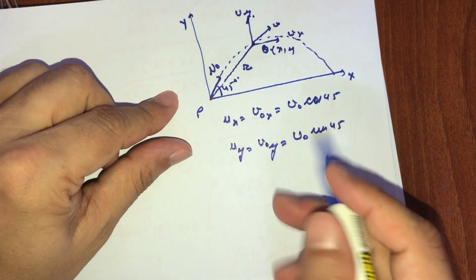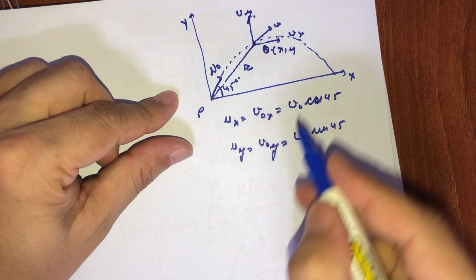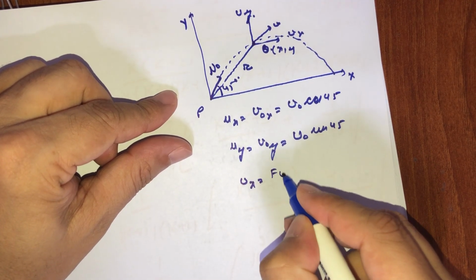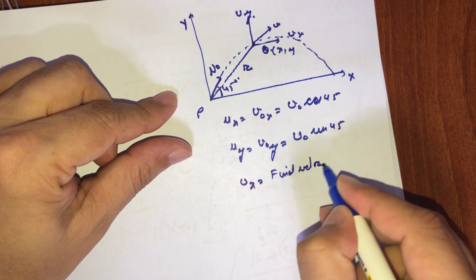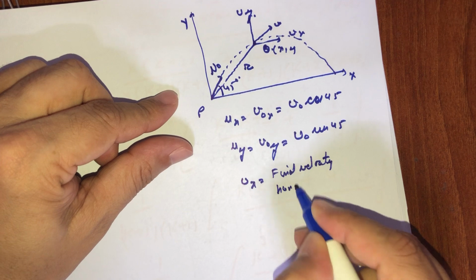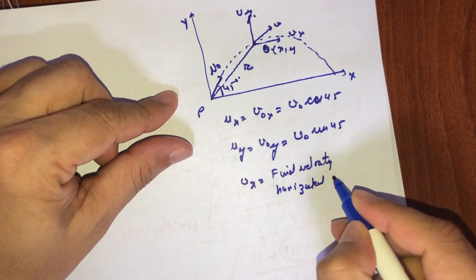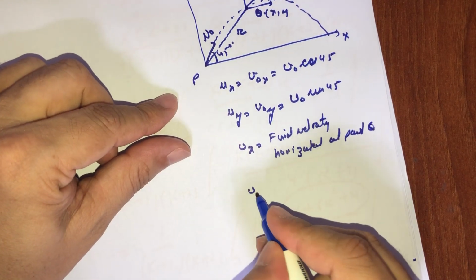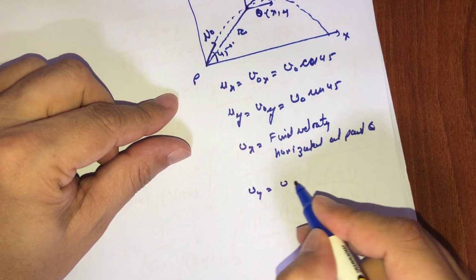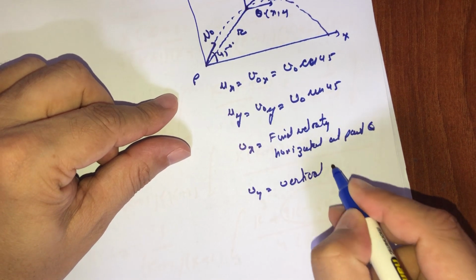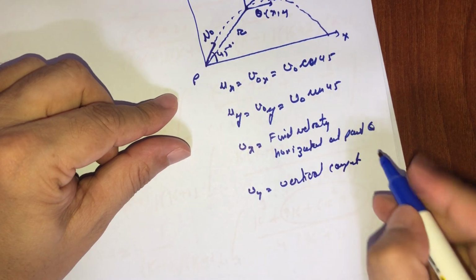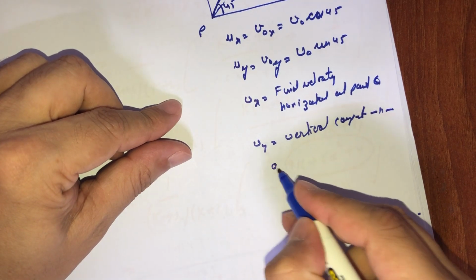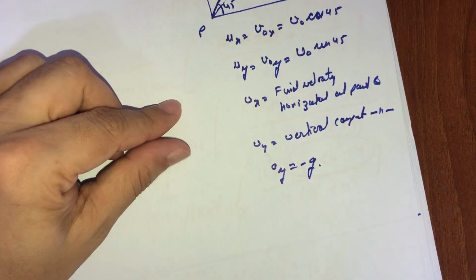Let us call Vx the final horizontal velocity component at point Q, and Vy the final vertical velocity component at point Q, and acceleration in vertical direction will be minus g.